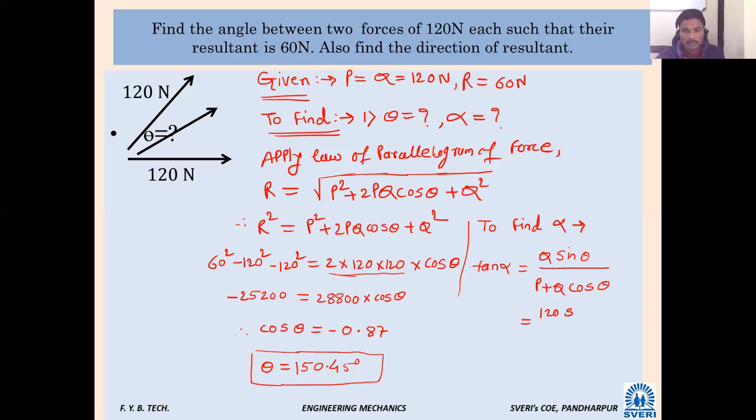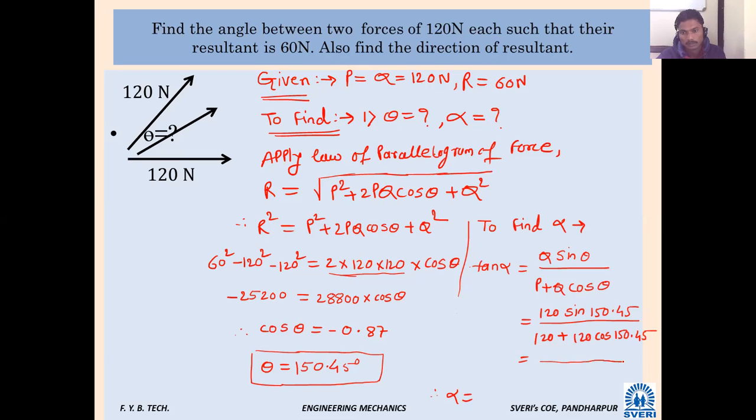120 sin 150.45 divided by 120 plus 120 cos 150.45. Therefore, tell me the value of alpha. First tell me the numerator and denominator.